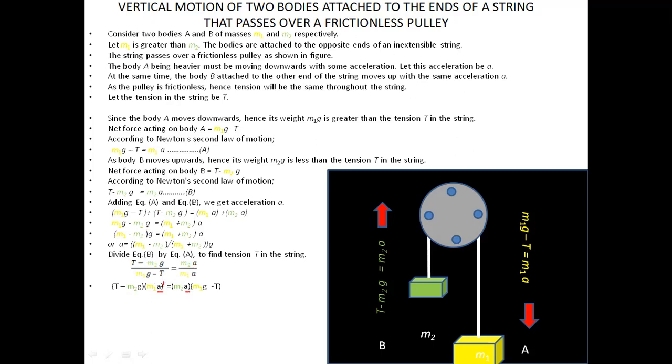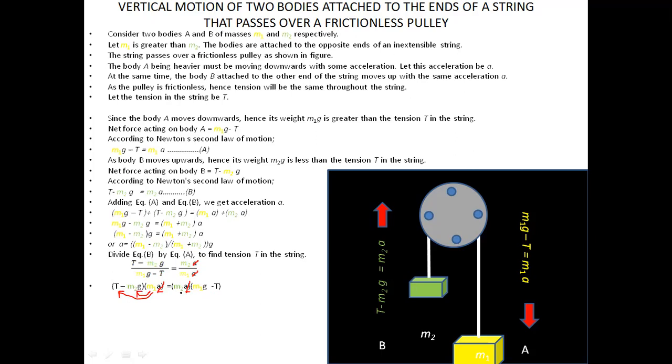Now we have m1 into T minus m2g, and on the right hand side we have m2 into m1g minus T. Now we multiply this m1 with T and with m2g as well. This is the multiplication technique.